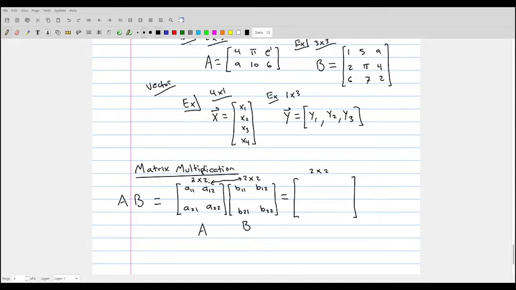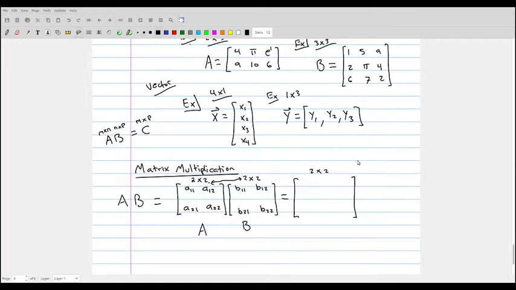So this first number here has to be the same as this number in order to make matrix multiplication make sense. In general, if you have an m by n matrix times an n by p matrix, the result that you're going to get is an m by p matrix. So in order to do this algorithm, the number of columns in the first matrix has to be equal to the number of rows in the second matrix.